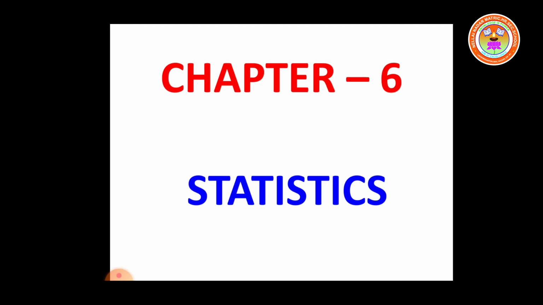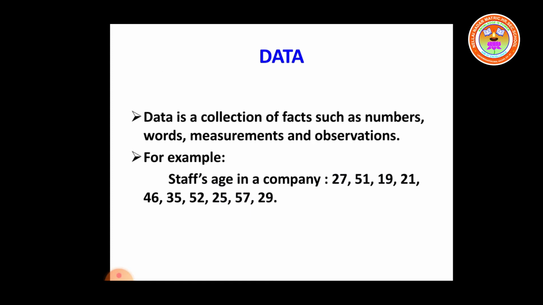Before we learn about pie charts, histograms and frequency polygons, let us recall what we have studied in the previous classes, like data and frequency tables for ungrouped data. First, we will see data. Data is a collection of facts such as numbers, words, measurements and observations.